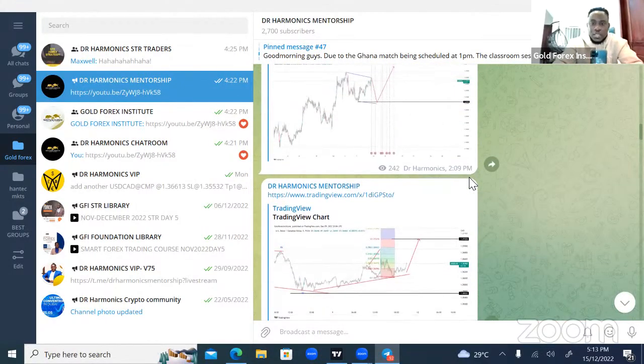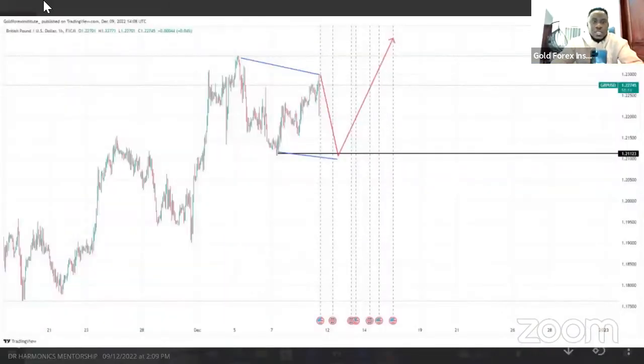There was one that, okay, so look at this. This is pound USD. You see, I told you guys, this pound USD is forming an ABC correction before the buy move. Maybe it will go for a regular flat, any of the corrections or a zigzag formation.